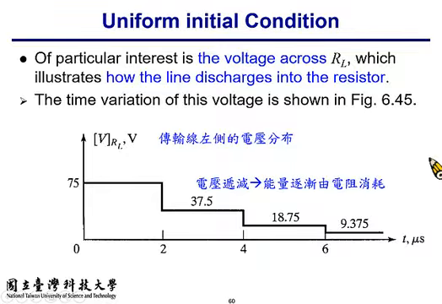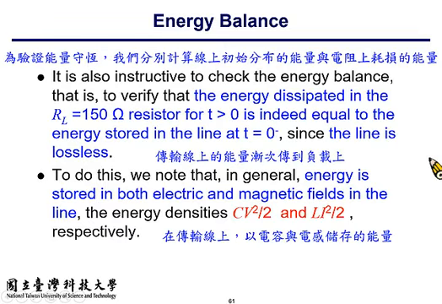So in the next slide, we will examine this example from the perspective of energy. We will first calculate the energy stored on the transmission line, which can be divided into two parts.